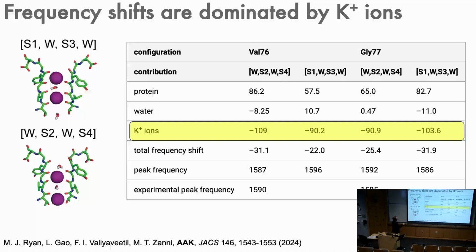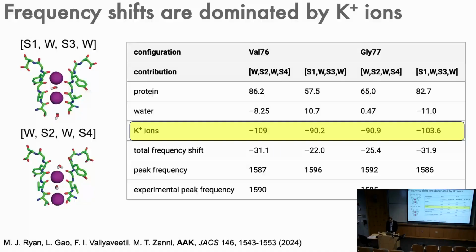Really the major contribution here is ions. Ions shift the frequency by 100 wave numbers, which goes all the way back to one of my first slides where I show a very simple calculation essentially reproducing this. Because ions dominate the line shapes, and there is very little frequency shift from water, you just don't see it.